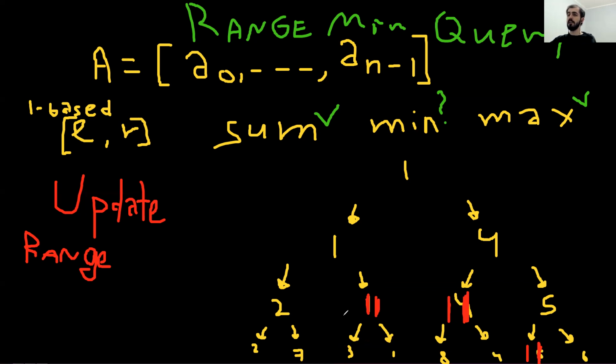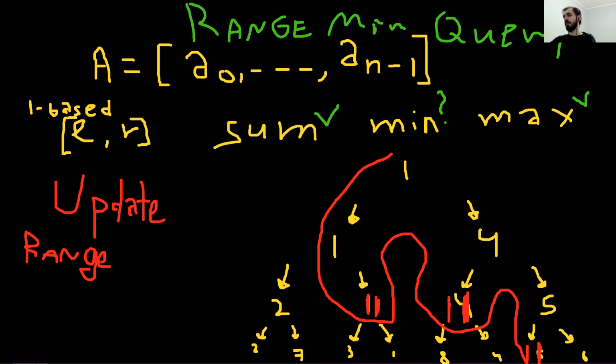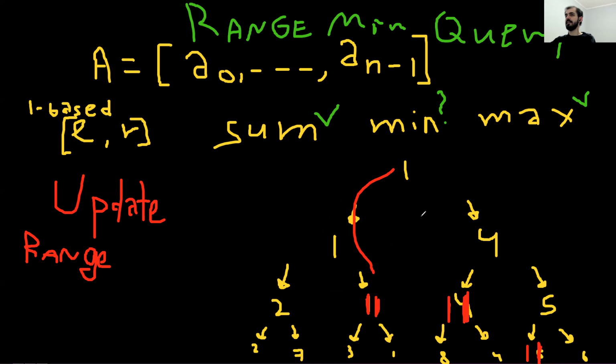Right? And we already told that every segment decomposes into a logarithmic number of segments, and also that this part of the tree, all values on the path from the root to this decomposition, everything that is red or on the red path, there's a logarithmic number of such nodes.